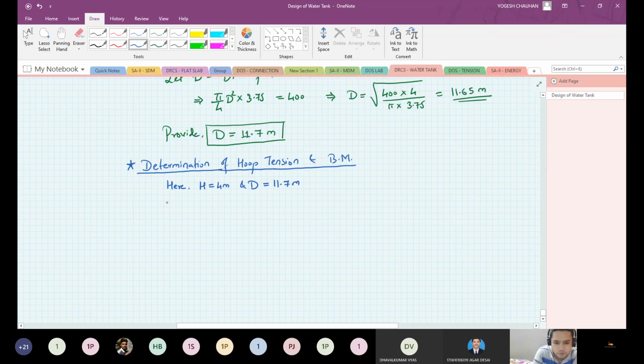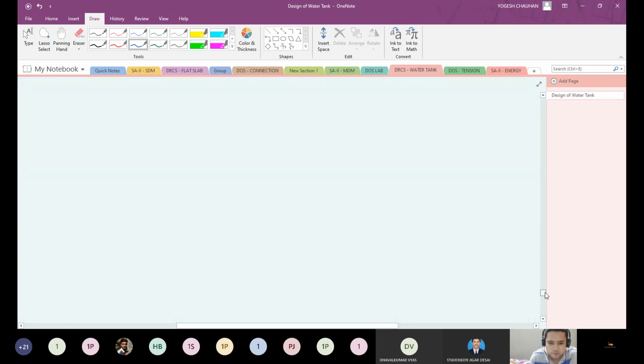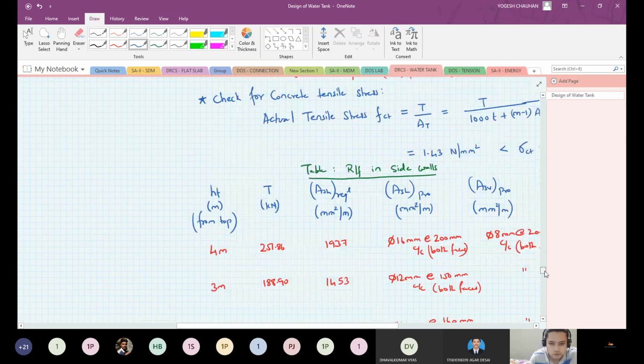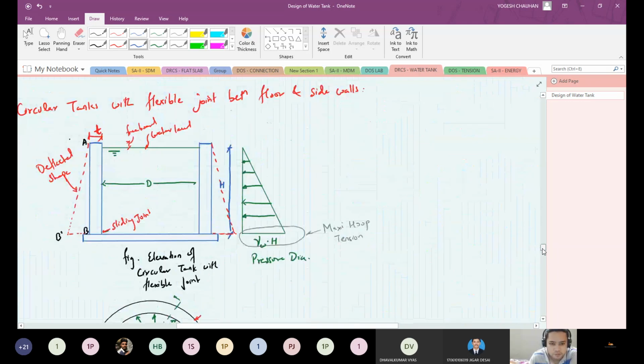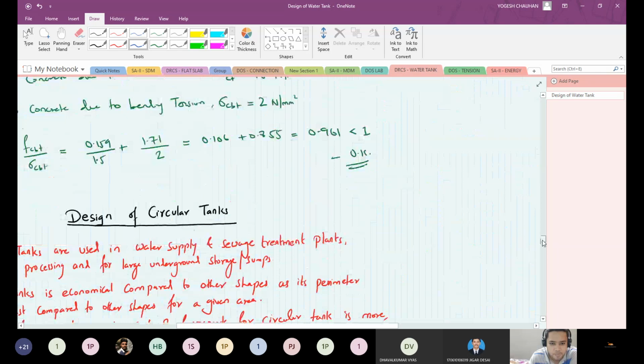So now assume thickness of wall, T is equal to, we'll use the formula used for the preliminary dimensioning of the members subjected to axial tension only.